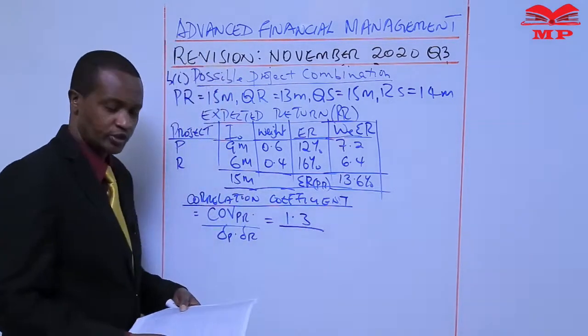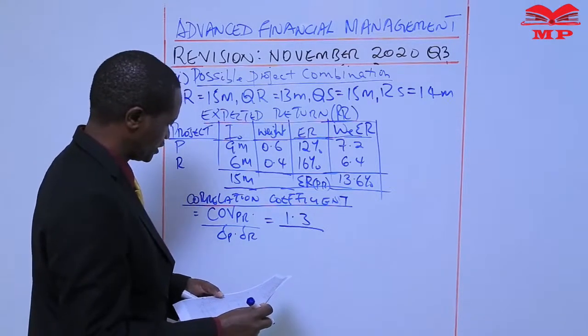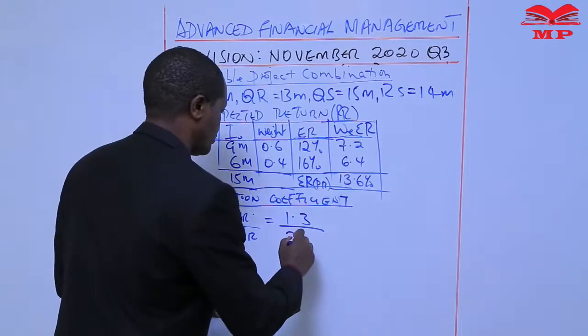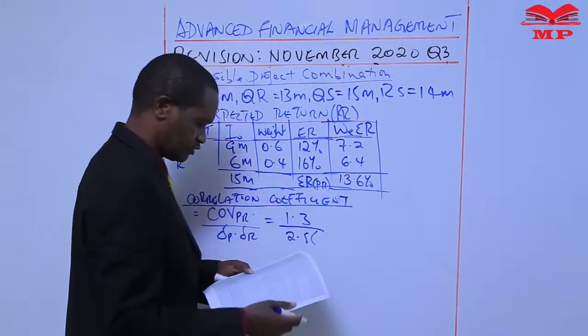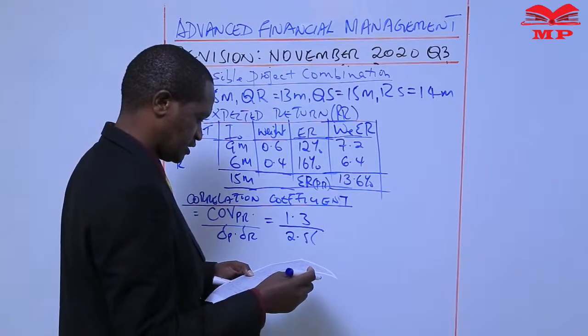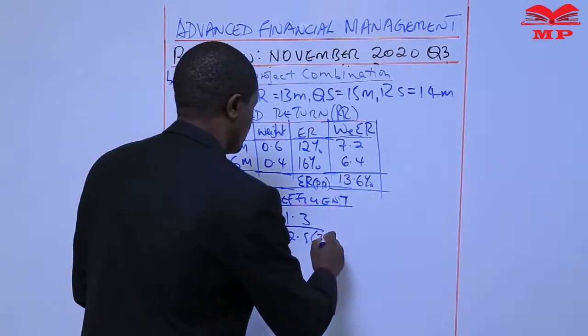The standard deviations are also given in the question. The standard deviation of project P is 2.5, and the standard deviation of project R is 2.3.